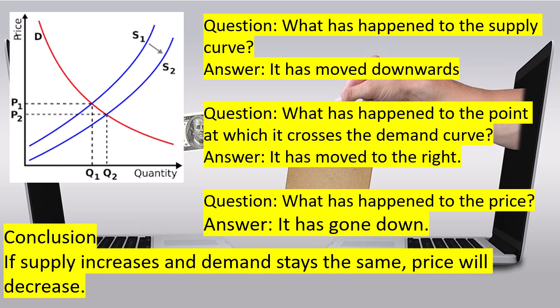So, answer, it has moved to the right. Question 3, what has happened to the price? The answer is it's gone down from P1, where S1 crosses the red line, to P2, where S2 crosses the red line. So conclusion, if supply increases, demand stays the same, the price will decrease, go down.